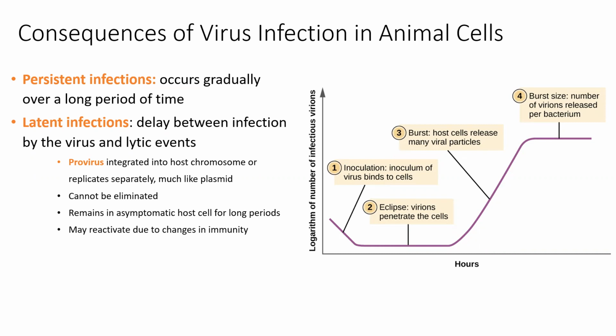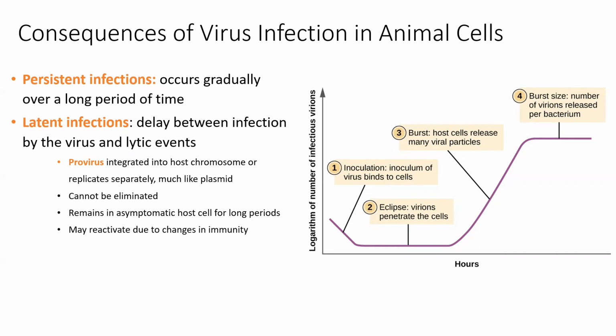They remain asymptomatic for very long periods of time. But I want you to also look at this graph here. We've already talked about it a little bit. You saw the one-step growth curve graph. This is the same thing, but talking more about persistent and latent infections. Again, you have that initial inoculation period where viruses are attaching to host cells.